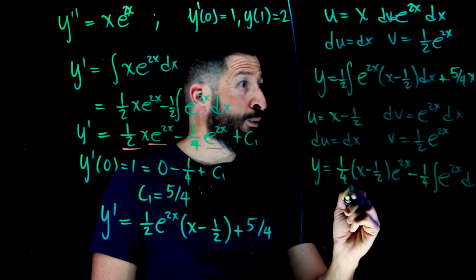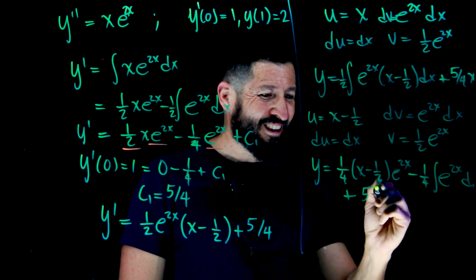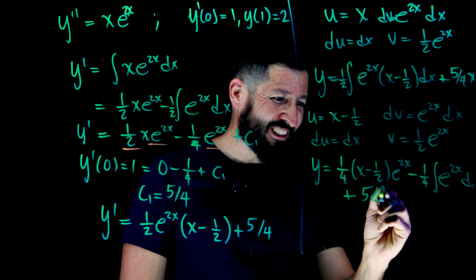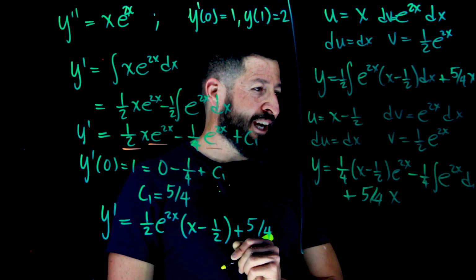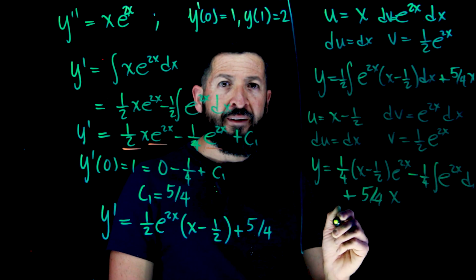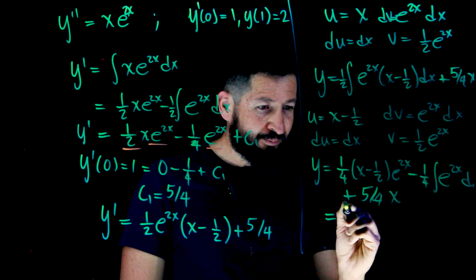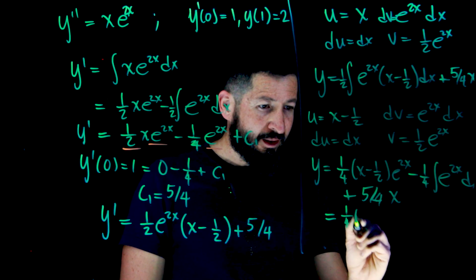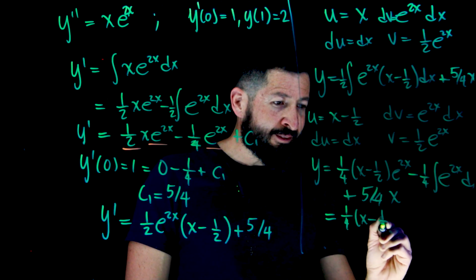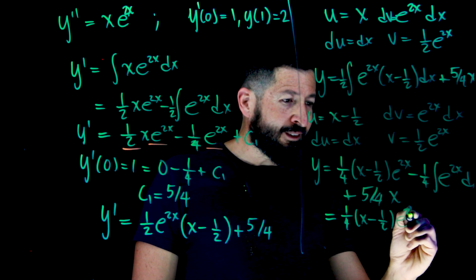I'm out of room on the board, oh my goodness, whatever it is, 5/4 x, and I still have to integrate this, and then I'll get an extra constant, and that's going to give me a 1/4 x minus 1/2 e to the 2x.